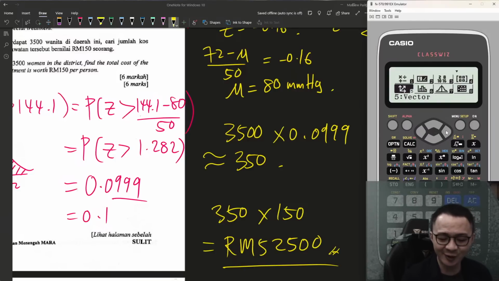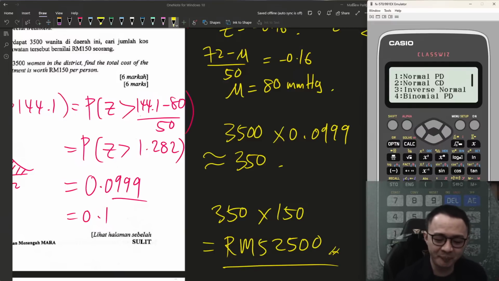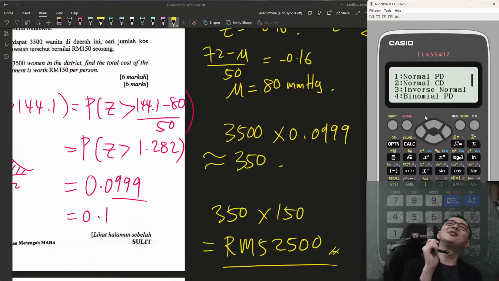Okay, so in the calculator, this normal PD is not in your level. When you go to a higher level, you learn statistics in like A level, you take Statistics 2, then you will learn about normal PD. It's called what already?